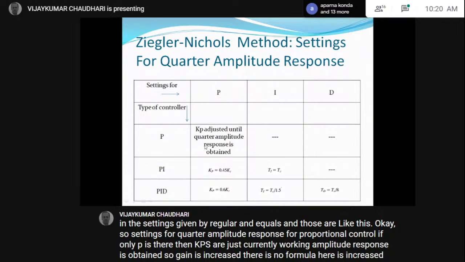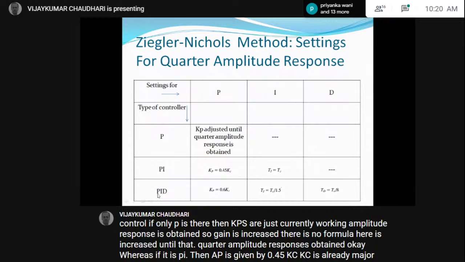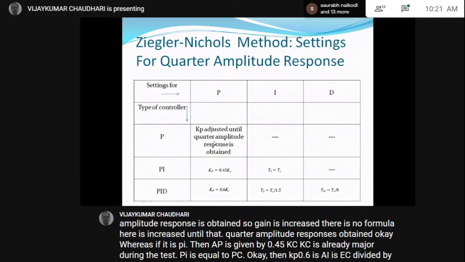If it is PI, then Kp is given by 0.45 Kc. Kc is already measured during the test. Ti is equal to Tc. If it is PID, then Kp is 0.6 Kc, Ti is Tc divided by 1.5, Td is Tc divided by 8. So these are the settings.